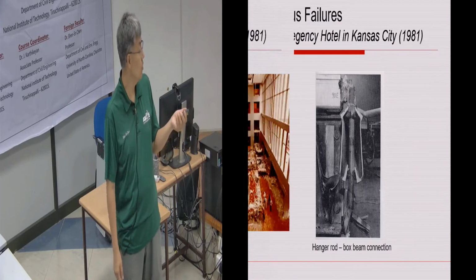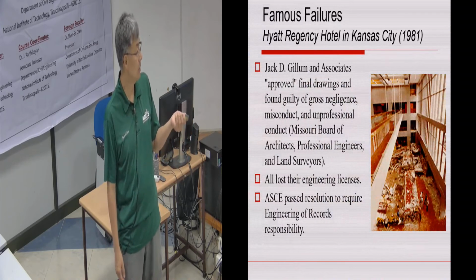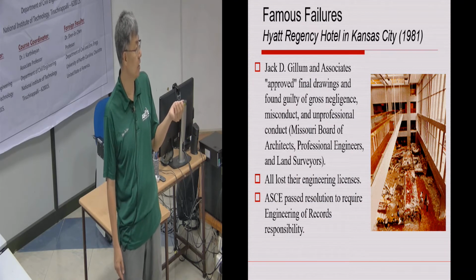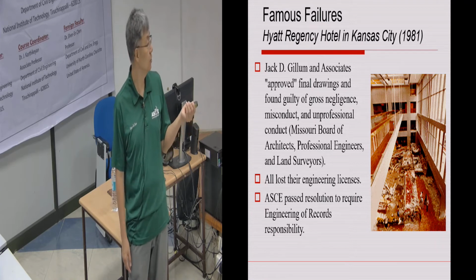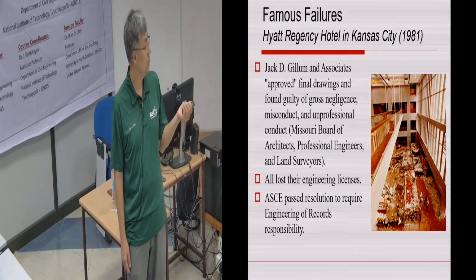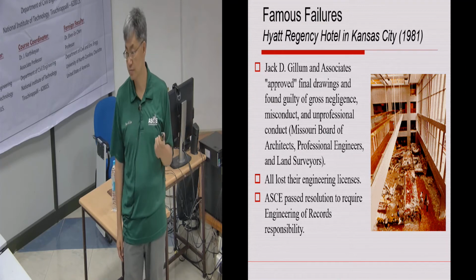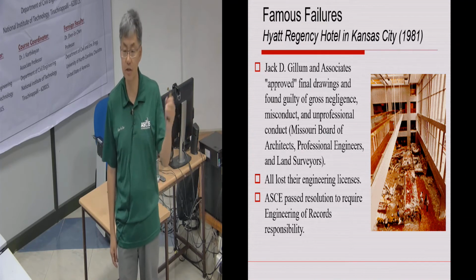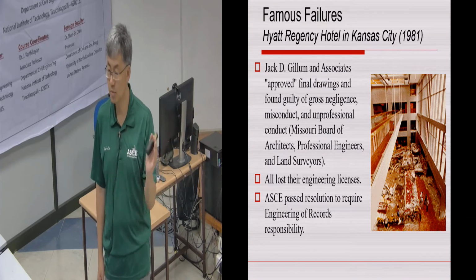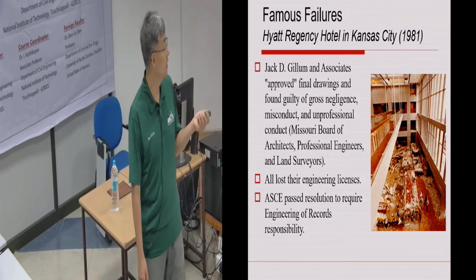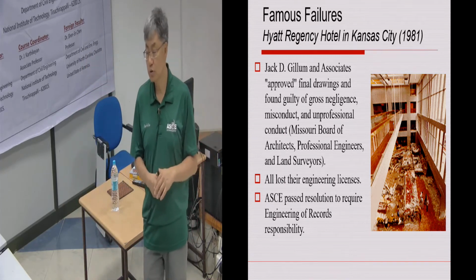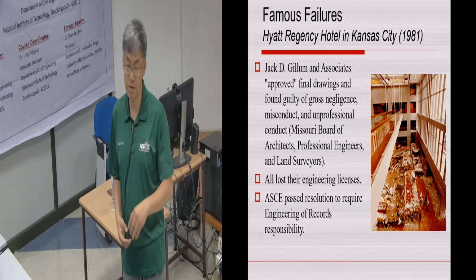The company that was the engineer of record, Jack Gillum and Associates, approved the final drawing, and they were found to be negligent, in misconduct, and unprofessional. Everybody in the company lost their license and the company closed. It became really, really sad. In fact, the owner, Jack Gillum, would travel around America, or maybe even internationally.